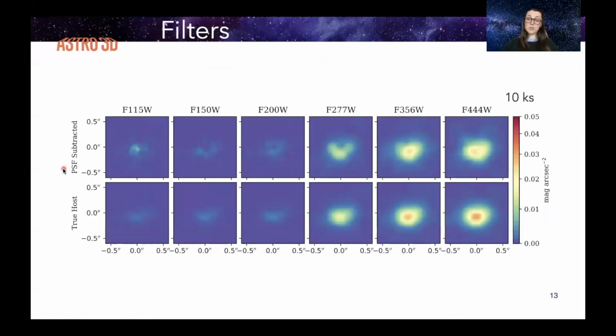Those were in the F200W filter, but what about different filters? We have on the top row the one quasar again in each of the wideband NIRCam filters, redward of the redshift 7 Lyman break, and then this is the PSF subtracted image against the true image.